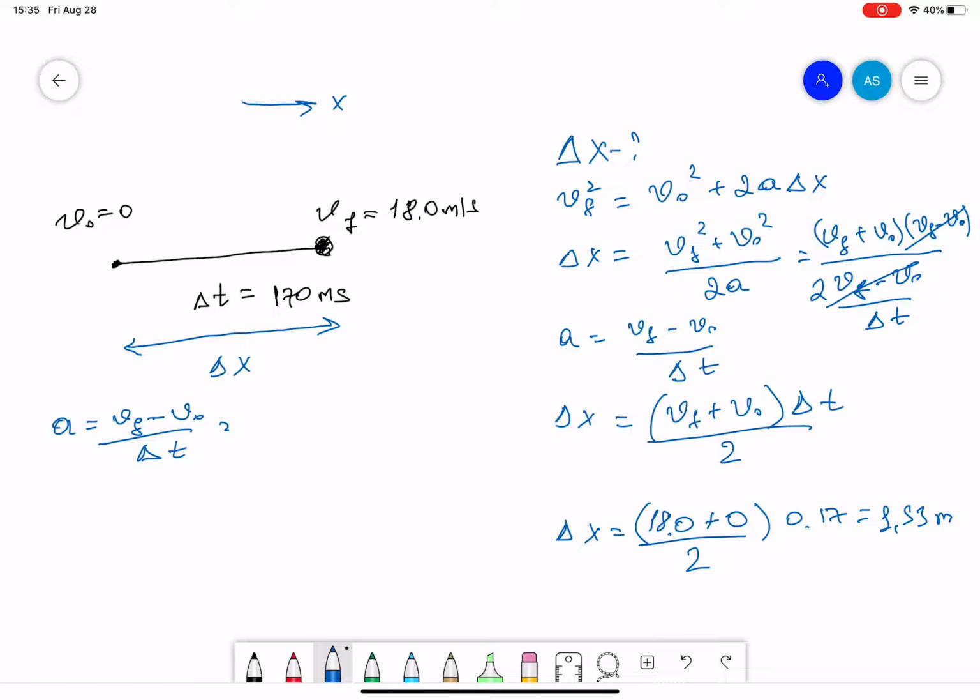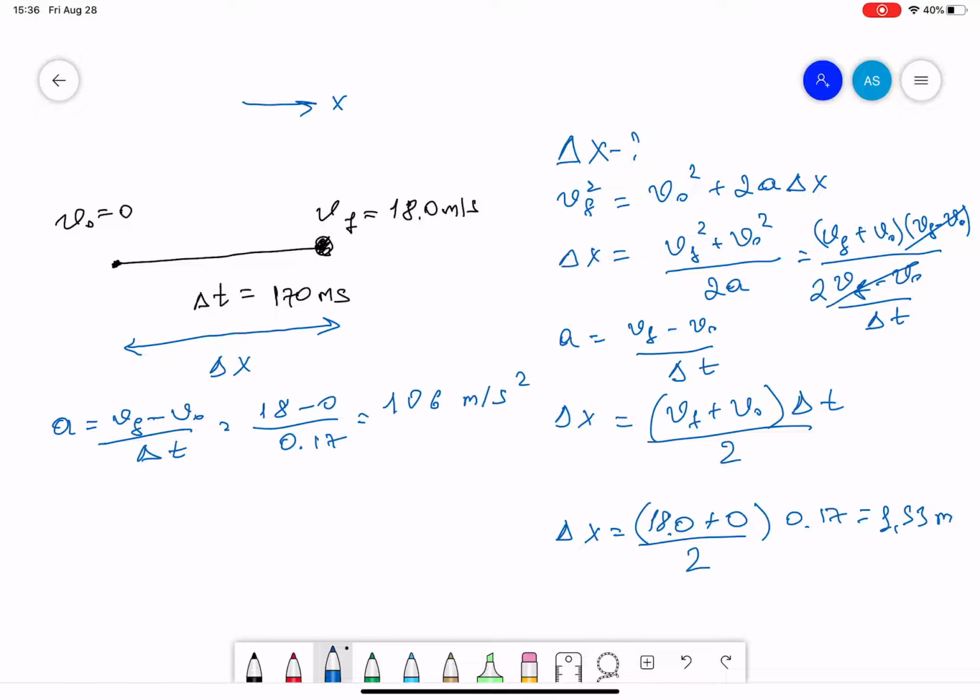So v final is 18 minus 0 divided by 0.17. If you do the calculation, 18 divided by 0.17 gives 106 meters per second squared.